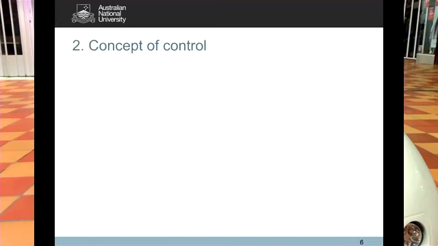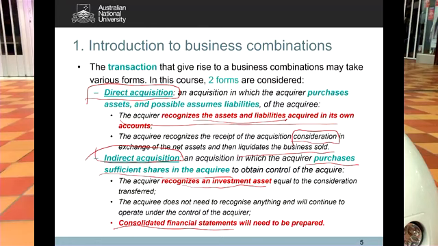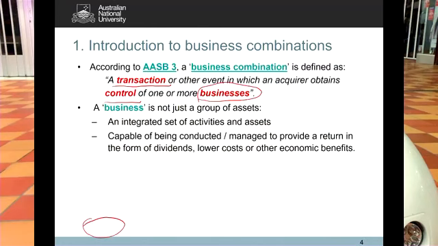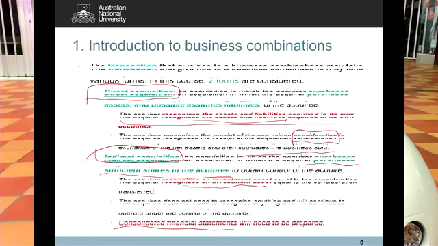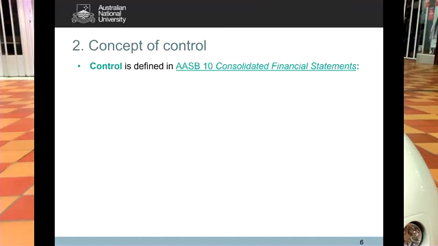All right. So again, when we discuss business combination, come back to the concept of the combination, we do see control here, right? That is the concept of control. So we will spend a couple of minutes discussing control, because without control, there is no such business combination.